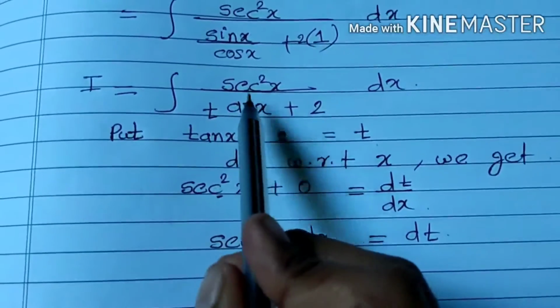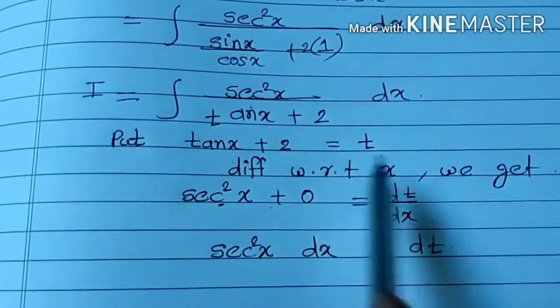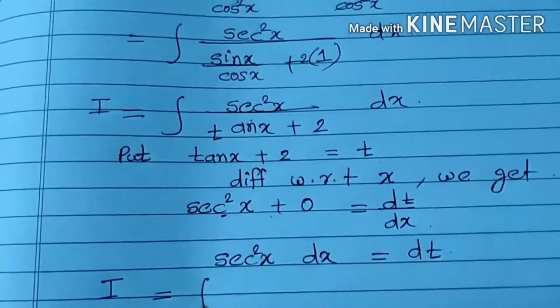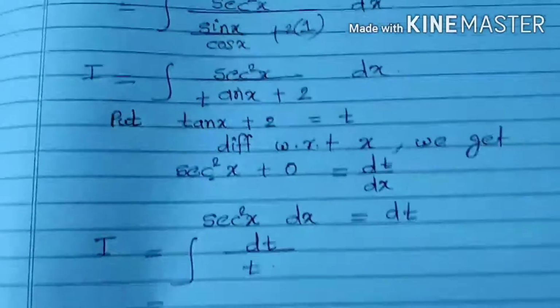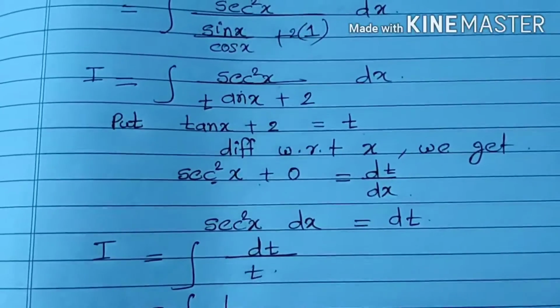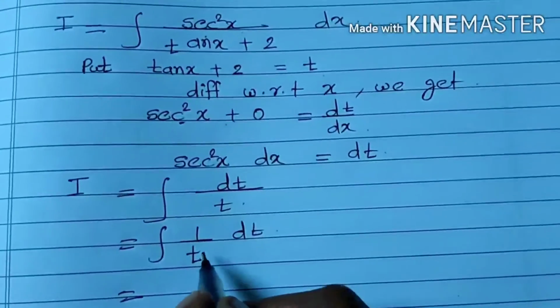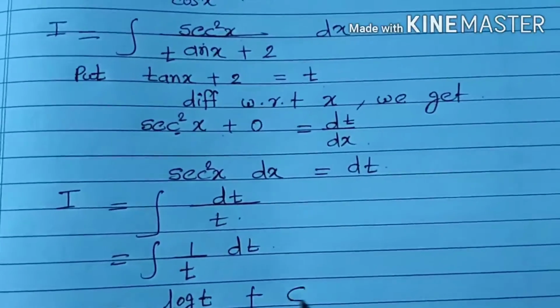So the value of sec square x dx is dt and the value of tan x plus 2 is t. Substitute this in this integration, we get dt upon t, so we can write it like that, 1 upon t dt. We know that integration of 1 upon t is log t plus c.